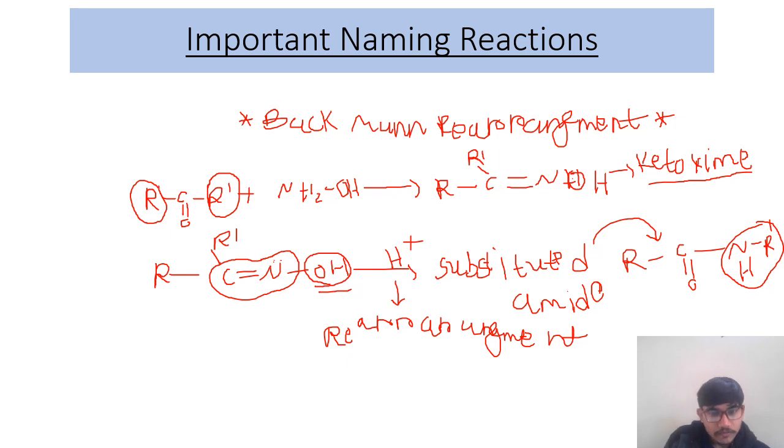If they are giving you different groups, they will definitely give them in this form, because they have to check whether you know that the group which is anti to the OH is going to transfer onto the nitrogen. So remember that the group which is anti to this OH is going to transfer onto the nitrogen, and it will form the substituted amide.